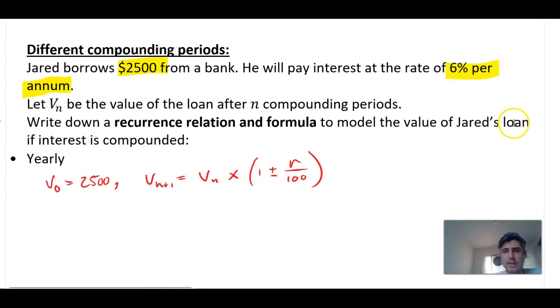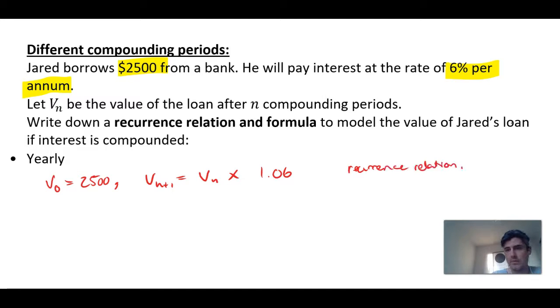In this case r is 6, and it's a plus because it's compound interest, it's going up. So that ends up being 6 over 100, which is 0.06. Add that to 1 and you get 1.06. That's the decimal version of the multiplier, and that's what we call the recurrence relation.